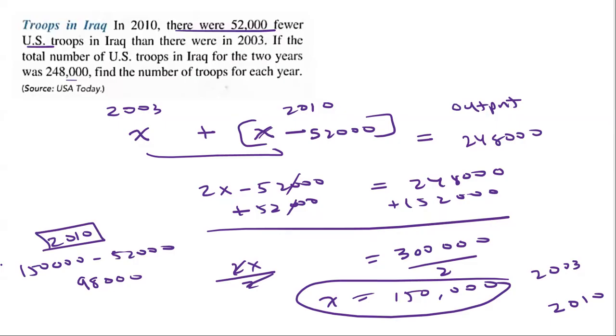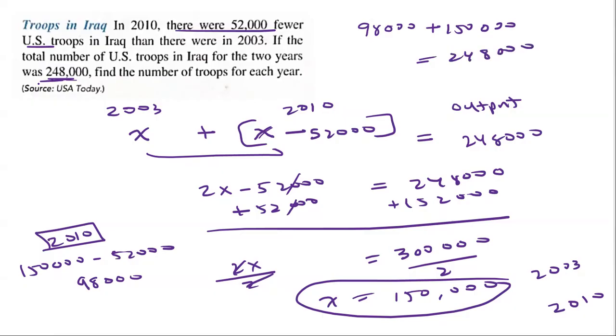If we add the 98,000 and the 150,000, we should get the 248,000. So that's where the 248,000 comes into play: when you add the 98,000 plus the 150,000, that gives us the 248,000.